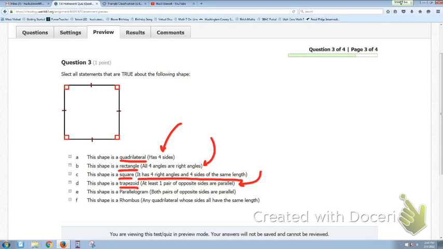The definition of a parallelogram is that both pairs of opposite sides are parallel. And then, is this a rhombus? A rhombus is a special kind of parallelogram. Any quadrilateral whose sides all have the same exact length is a rhombus. If you're struggling with this one, my advice would be to go back and watch the discussion video, which covers this really well.